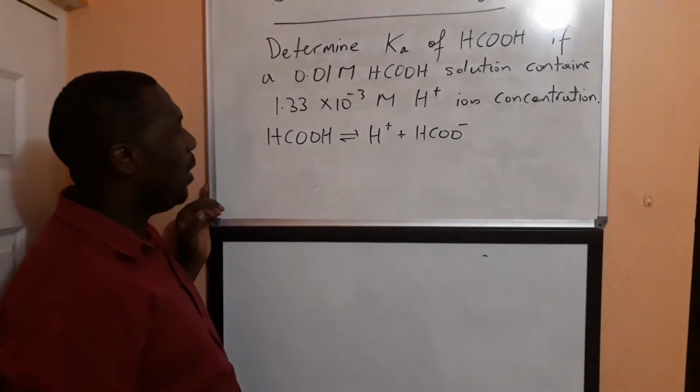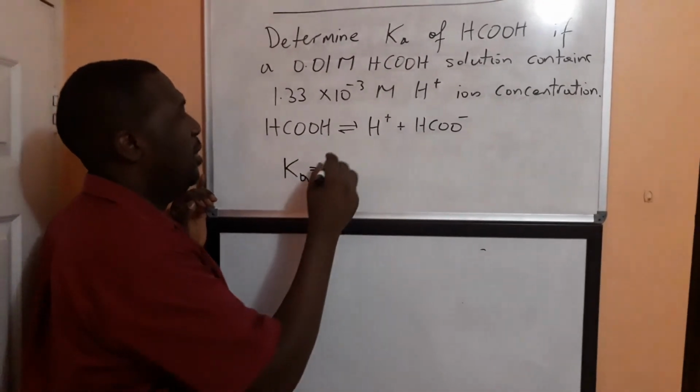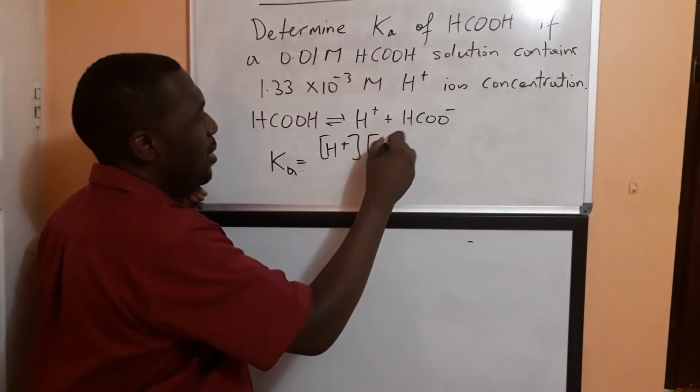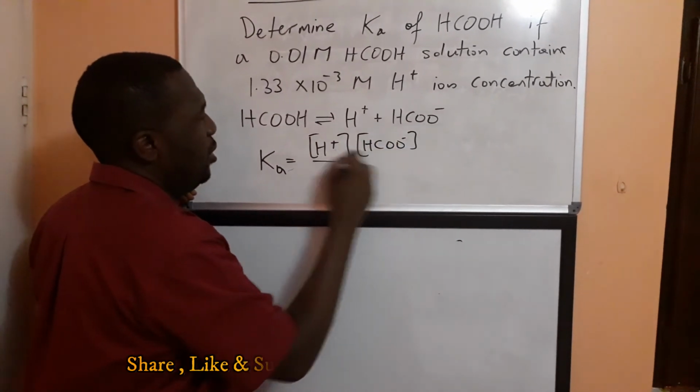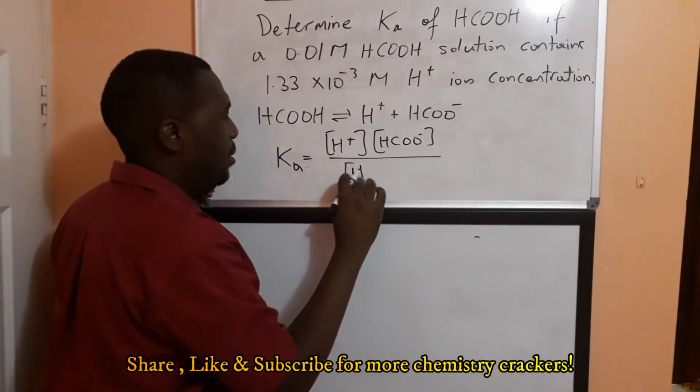Now, therefore, we can write the expression of Ka to be H plus concentration times the methanoate ion concentration over the concentration of the acid.